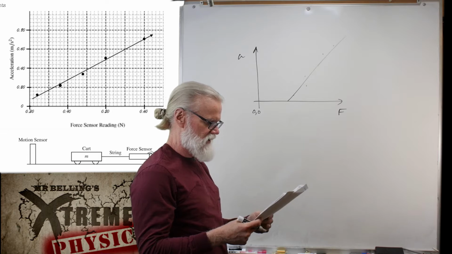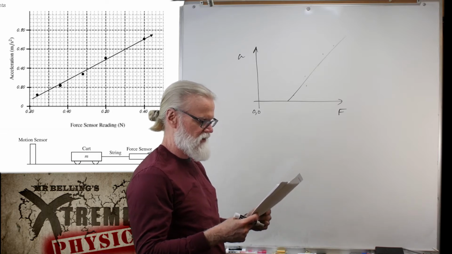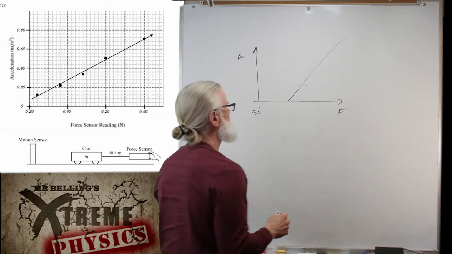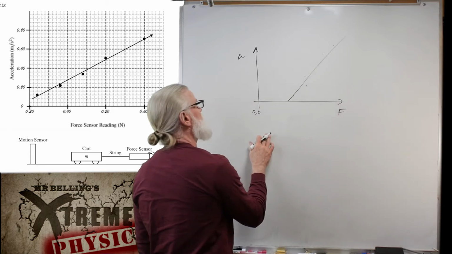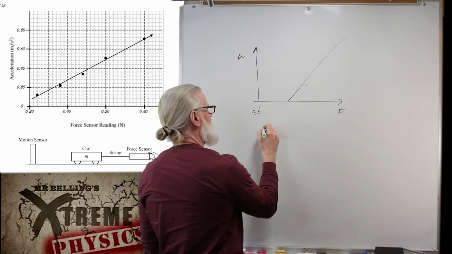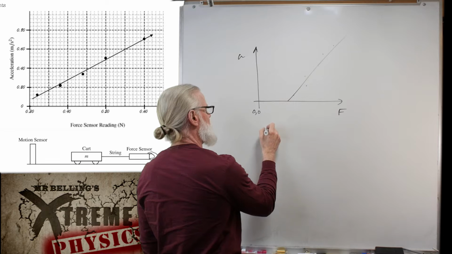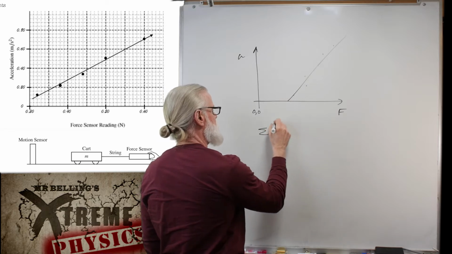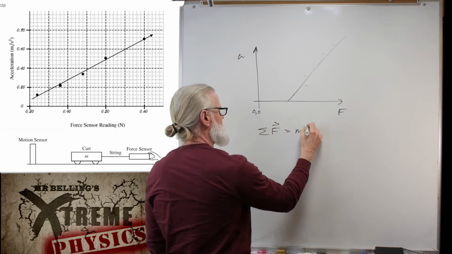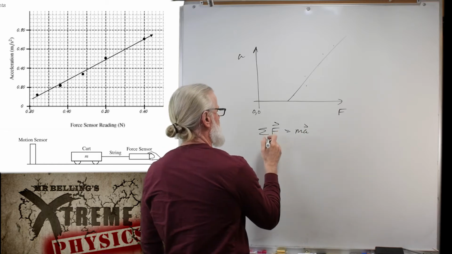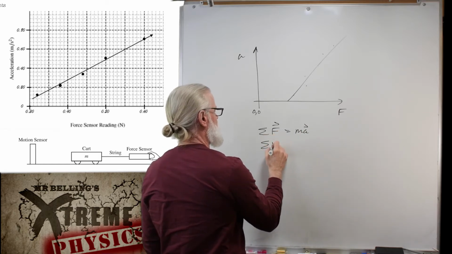So it says, using a straight line from the graph, calculate the mass of the cart. Well, applying Newton's second law, we got the sum of the forces equal mass times acceleration. We're just going to look at the x forces.